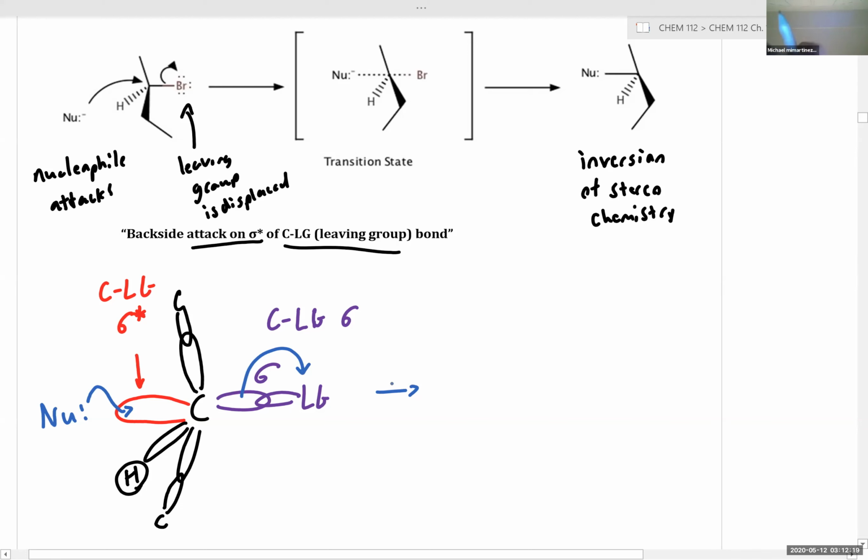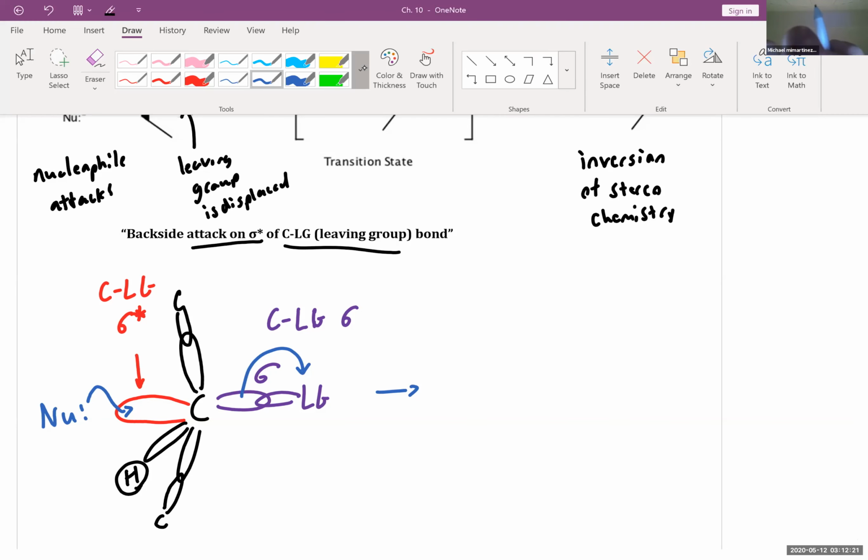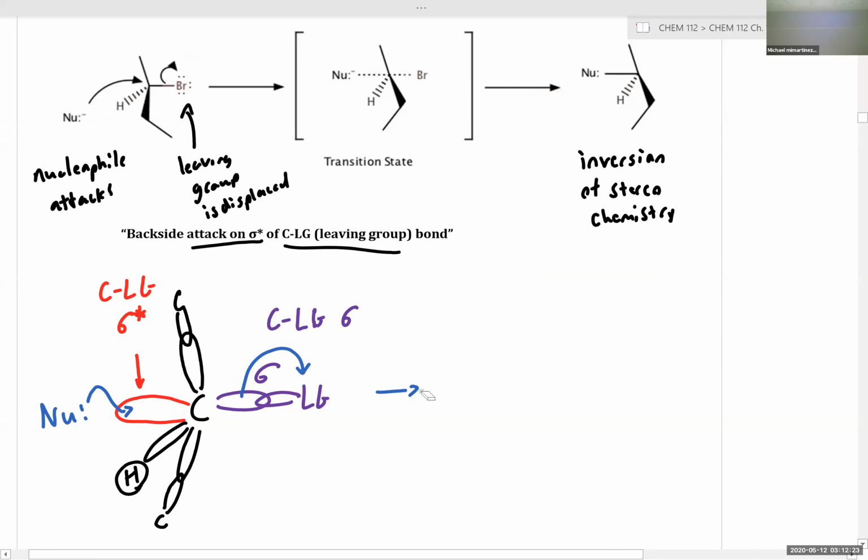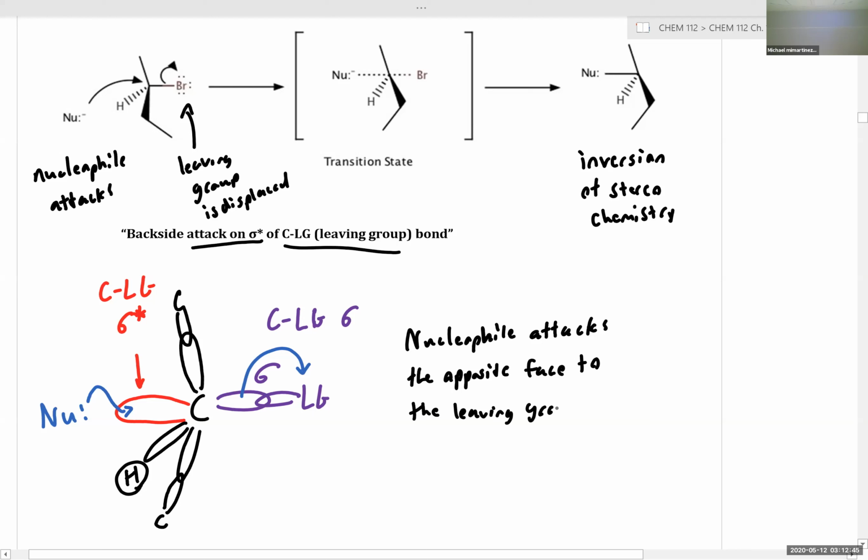So that is why an SN2 reaction is often called a backside attack reaction, because the nucleophile attacks the opposite face to the leaving group. Does that make sense to everyone?